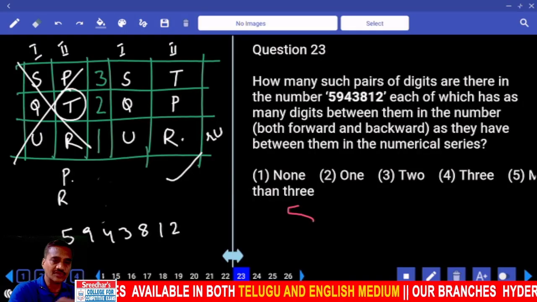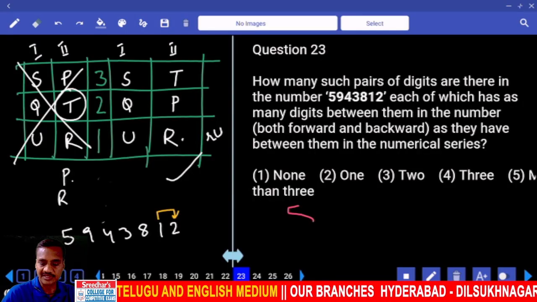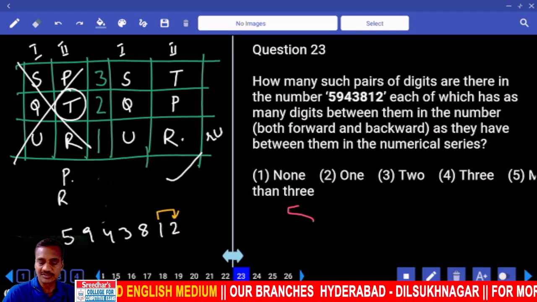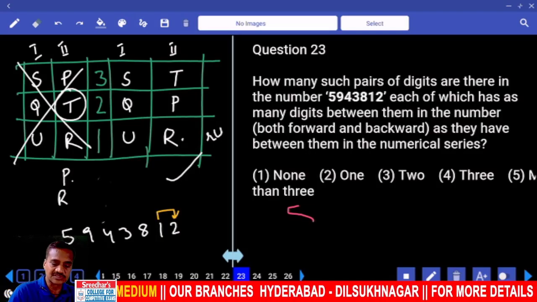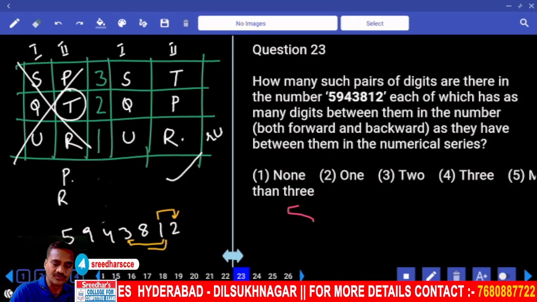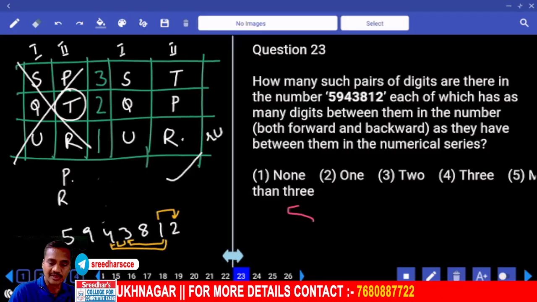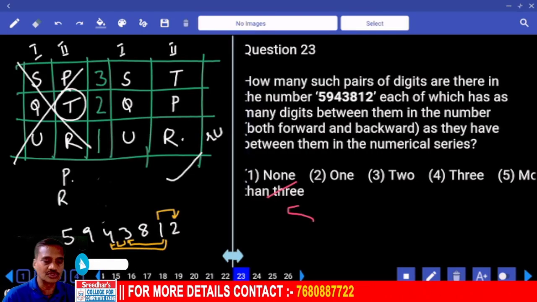Forward, there is only one pair, 1 and 2. Then again in the reverse order. Now in the reverse, 2, 3, 4, 5, 6, 7, 8. 1, 2, 3, there is a pair. 1, 2, 4, there is a pair. Then 3 and 4, there is a pair. And 1, 2, 3, 4, more than 3, choice.